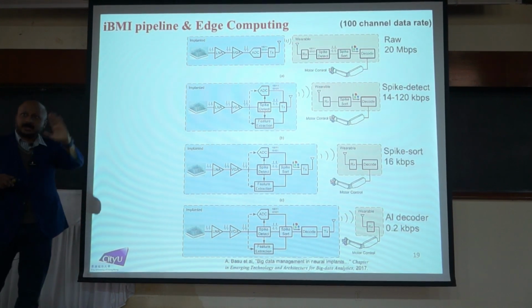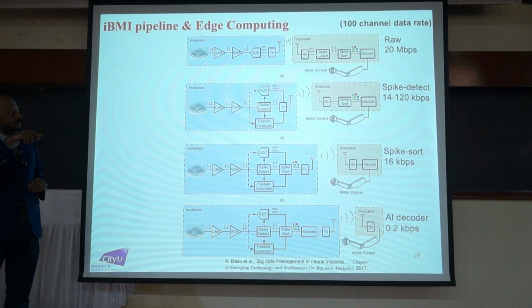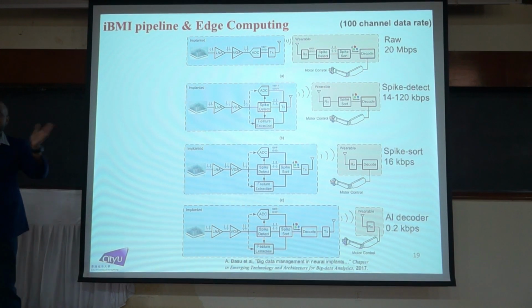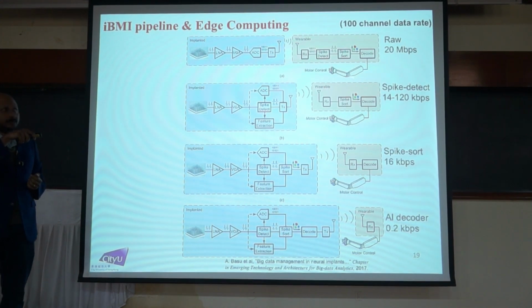Typically on the other side, you will receive the data and detect these spikes. Then there is a step called spike sorting, which looks at the shape of the spikes and separates them into source neurons. And then you will pass it to a decoder that will drive the actuator. Could be any kind of actuator. If you do this, this wireless link consumes about 20 Mbps for 100 channel data.